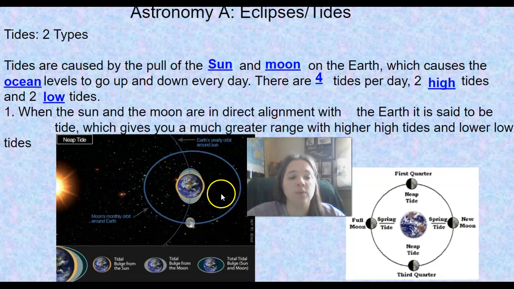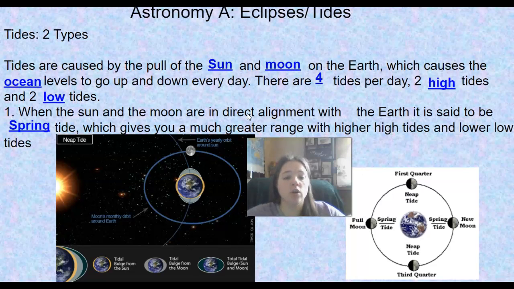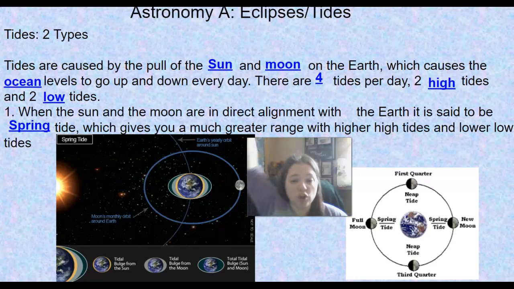When the sun and moon are in direct alignment with the Earth right here, it is said to be a spring tide, which gives you a much greater range, with higher high tides and lower low tides. The place that you could see this is the Bay of Fundy. If you look that up, you will see that in the Bay of Fundy, you've got these huge high tides and huge low tides.